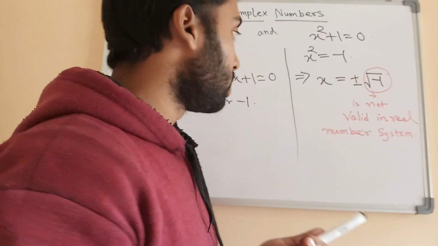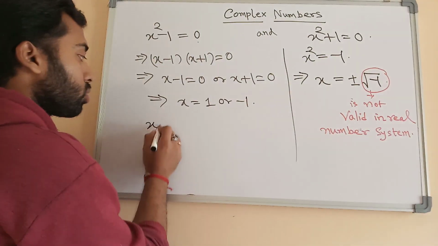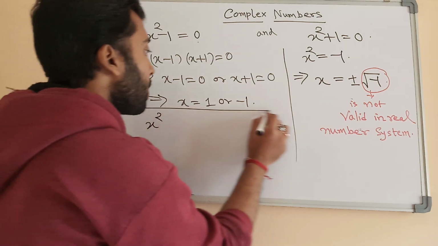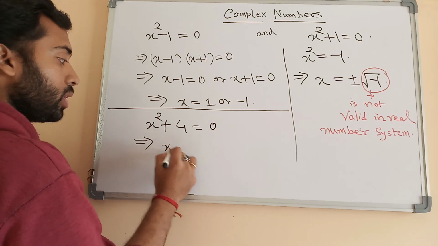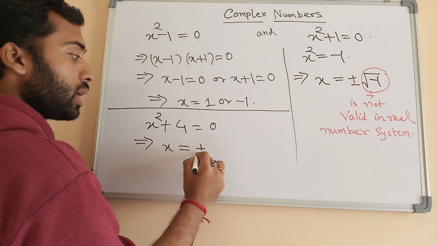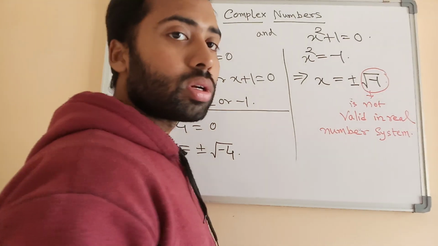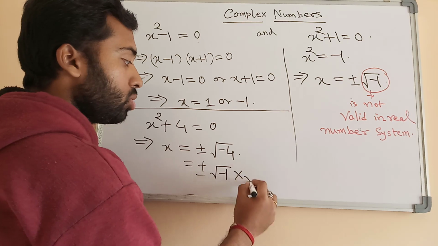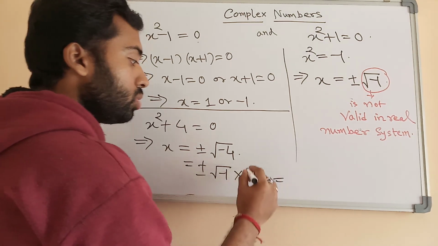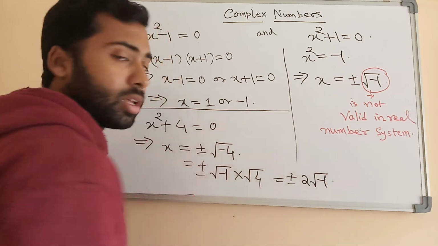Okay. Again, if I choose another equation, suppose x square plus 4 equals 0, that will imply x equals plus minus root under minus 4. So I can write root under minus 4 as plus minus root under minus 1 into root 4, which will give plus minus 2 root under minus 1.